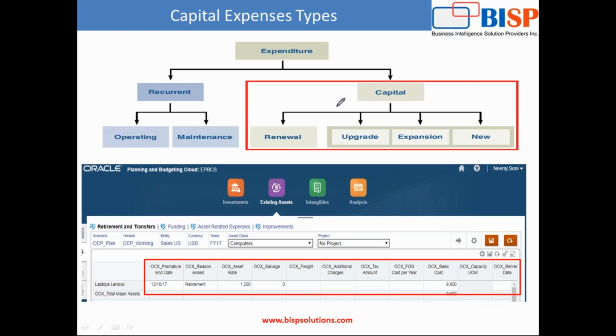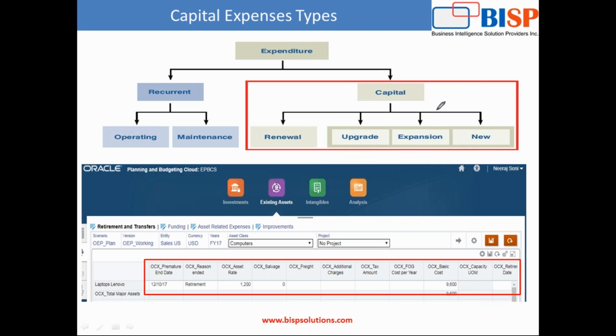It requires to be upgraded because it is unable to produce the goods required in the industry. So you may need to expand its capabilities, add more features to it, or completely renew it. So after adding an asset, the story doesn't end there. You need to add cost pertaining to any one of these activities.